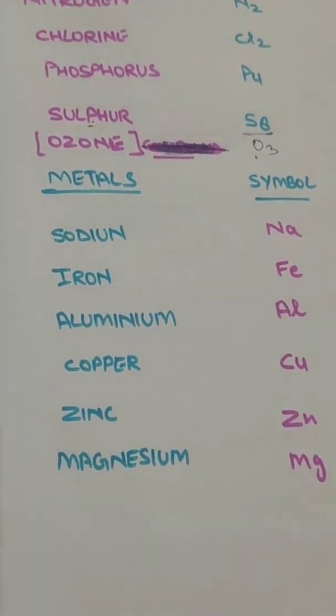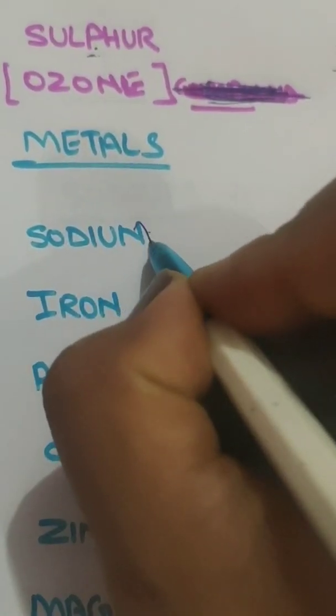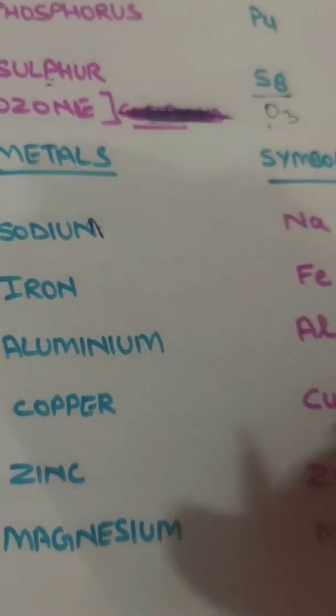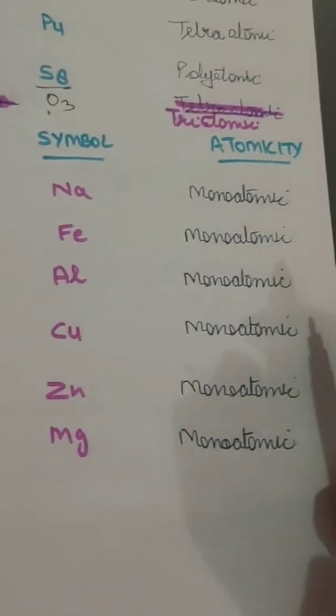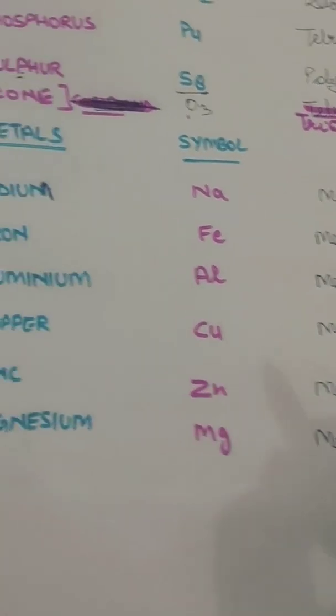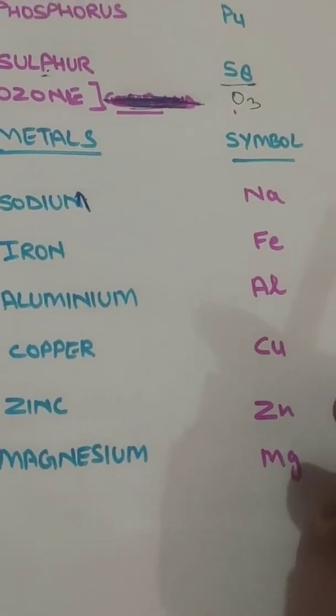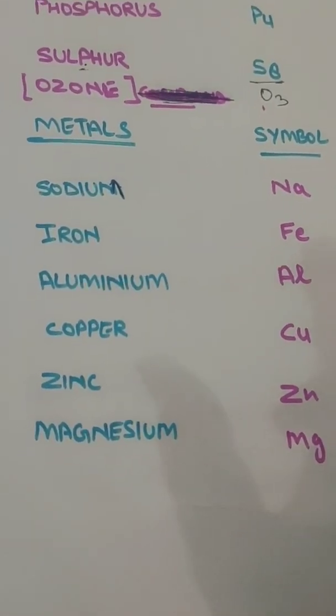After this we come to the metals. So this is sodium. Metals always exist in a single atomic form, so they all have a monoatomic nature, with atomicity 1. Atomicity is the number of atoms in one molecule.